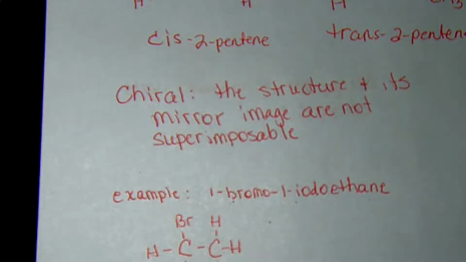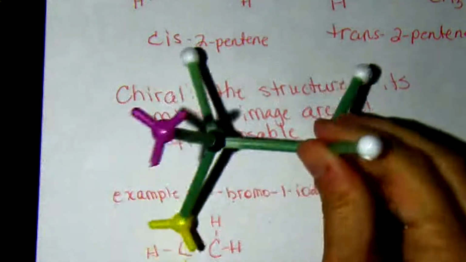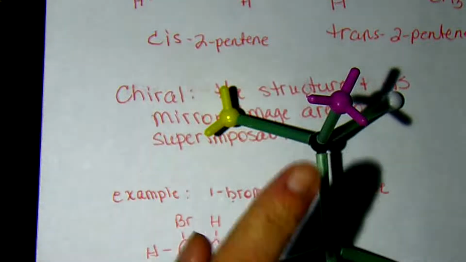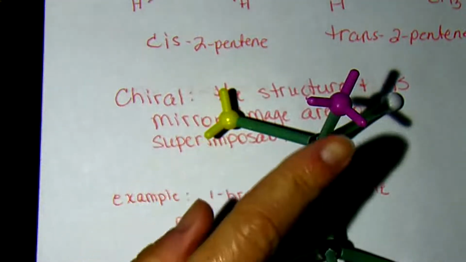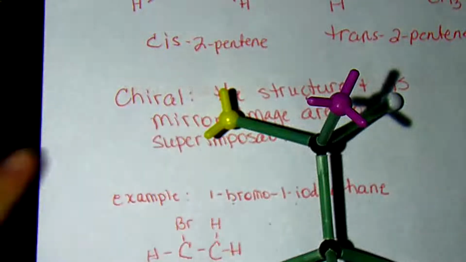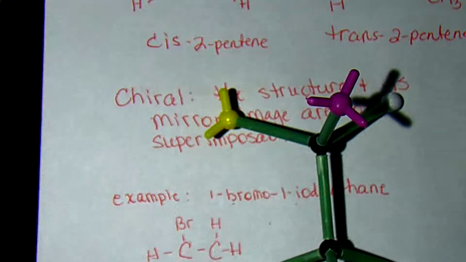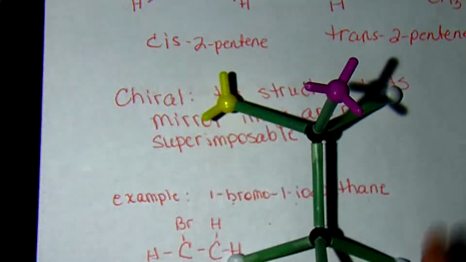Well, we're not showing any kind of stereochemistry here, but this would be a tetrahedral shape, and this is a tetrahedral shape. And so if we make that structure, here we have the bromo, the purple represents bromo, and the yellow represents iodo. And then you have the 2 carbons and then the hydrogens.